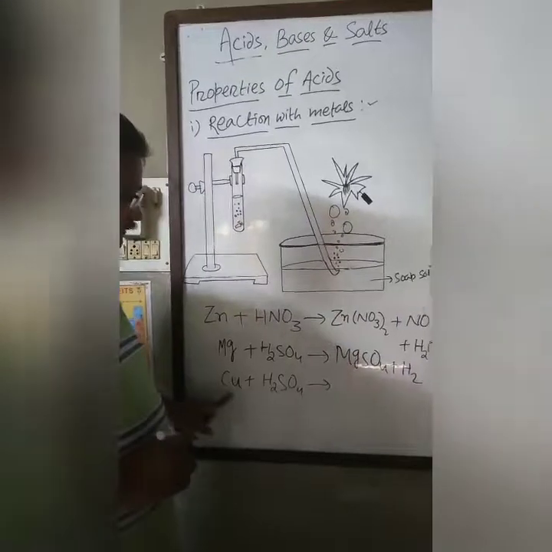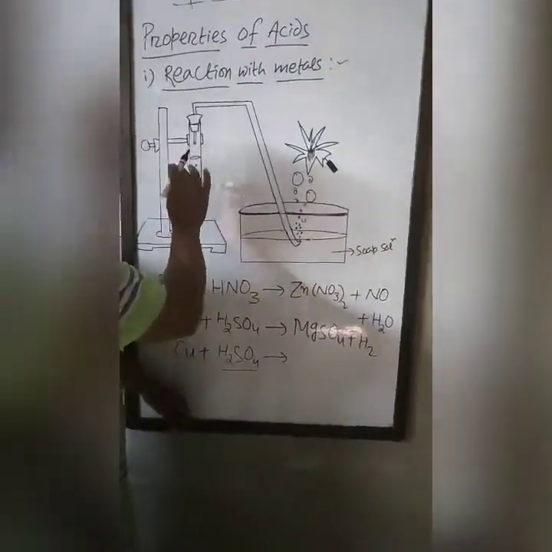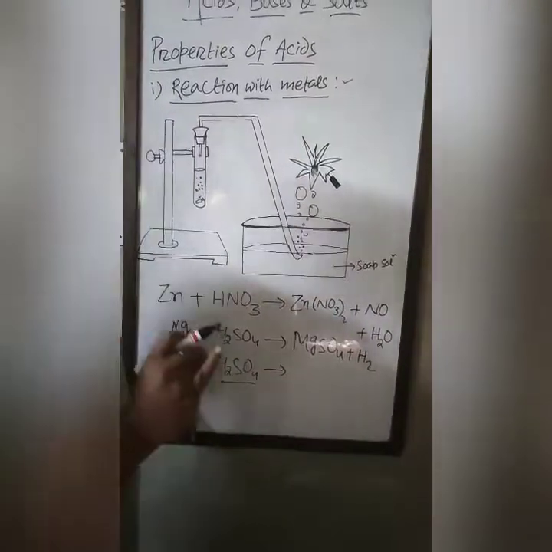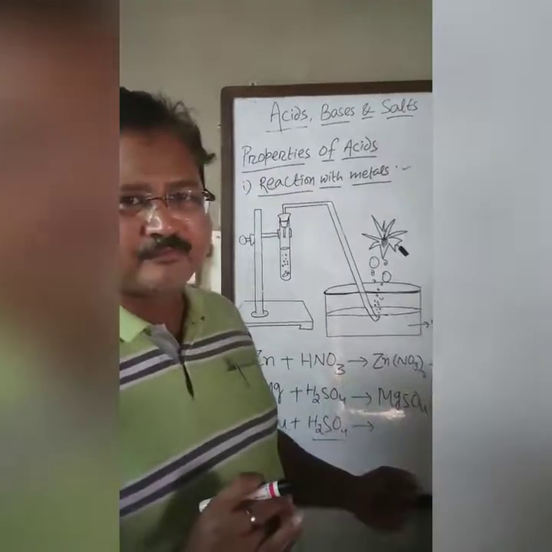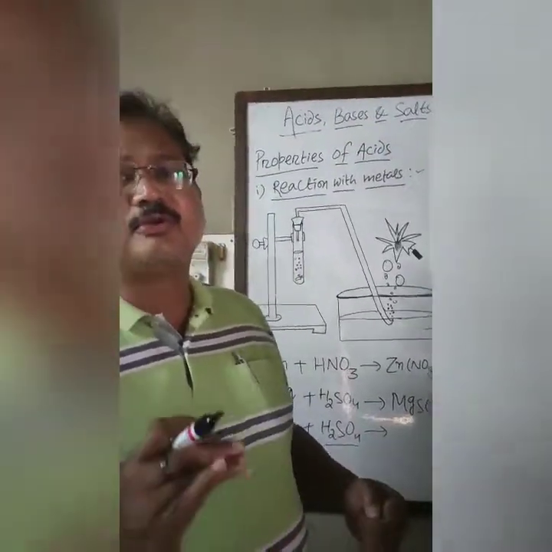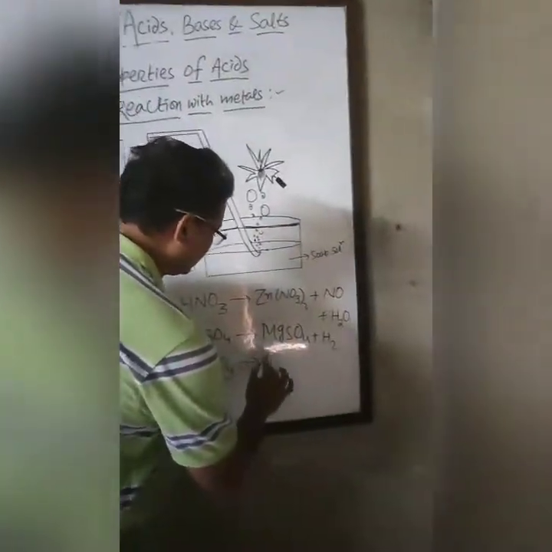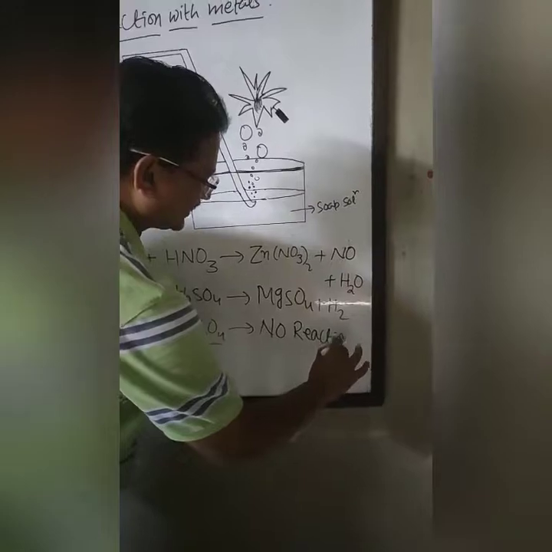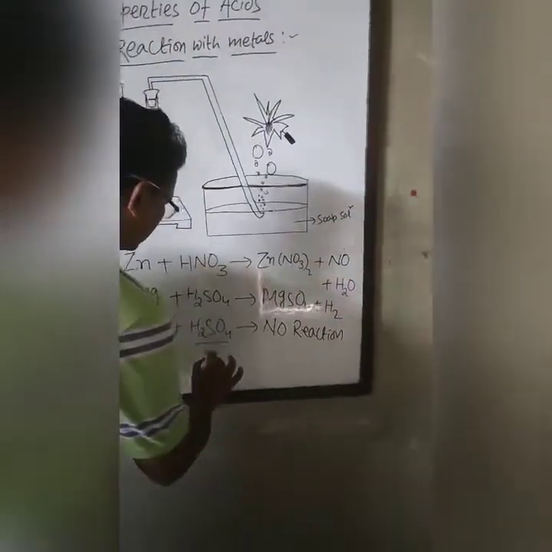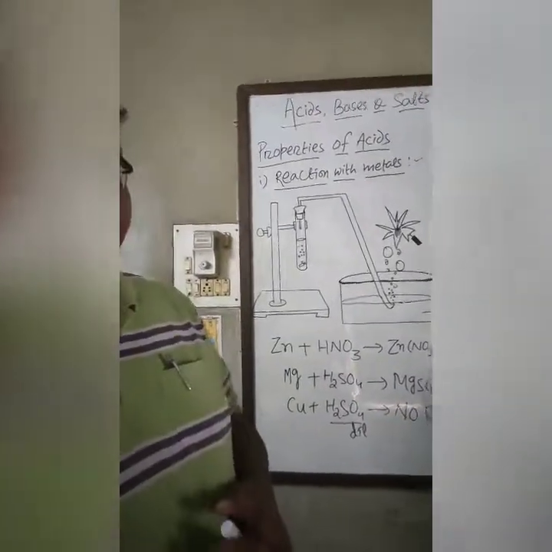Copper, on the other hand, when it is placed in sulfuric acid, you will not find any bubbles coming out from the surface of the copper, because copper is less reactive than hydrogen. So you can say no reaction occurs, no reaction in the case of copper with dilute sulfuric acid.